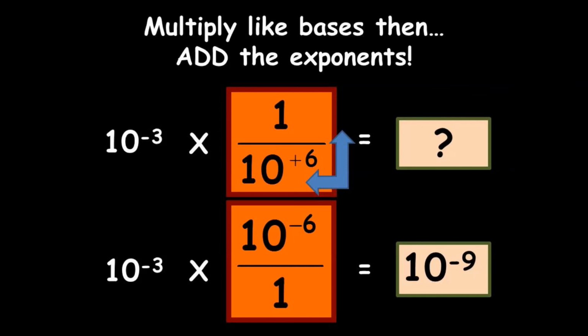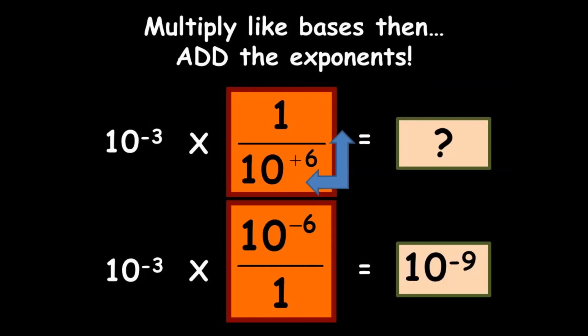Remember, they all have a numerator and a denominator. A rational number is defined as a number that can be expressed as p over q, where both p and q are integers. So 10 to the negative 3 there on the left, it's really 10 to the negative 3 over 1. So don't be afraid to put in that denominator.